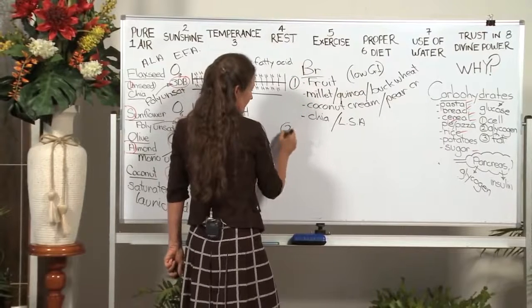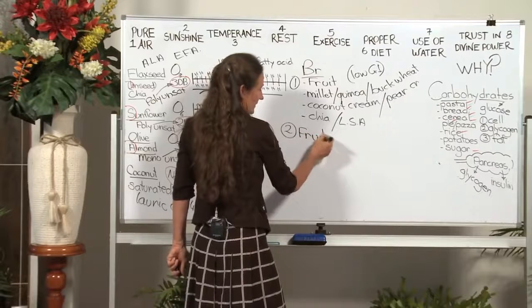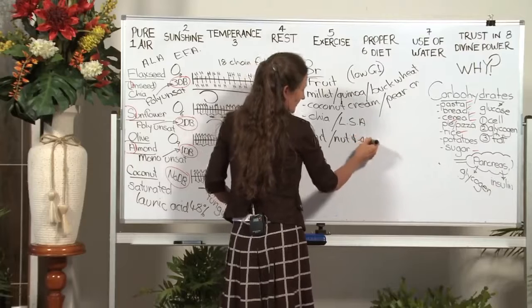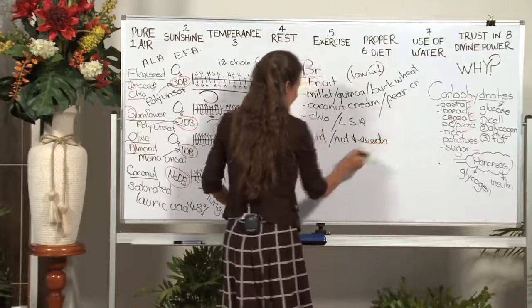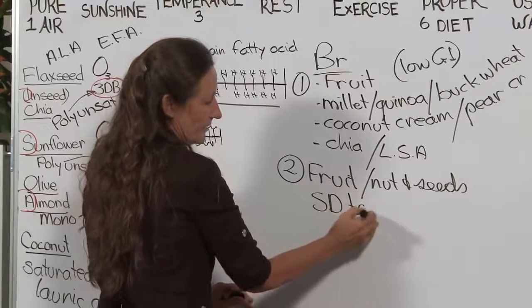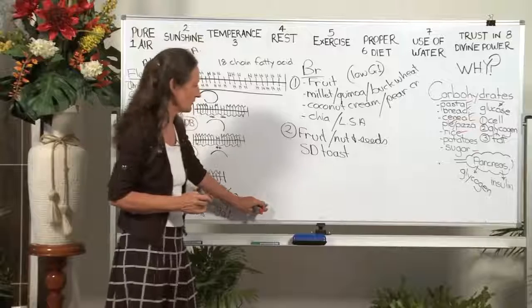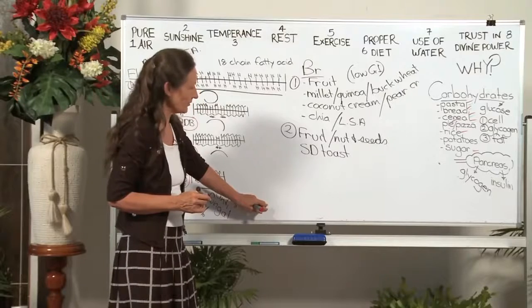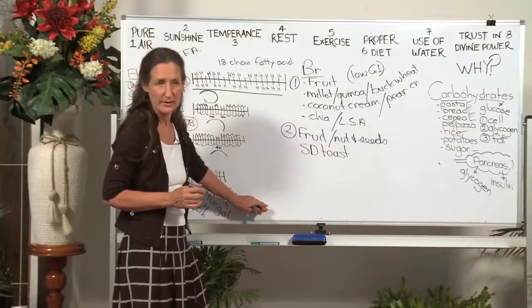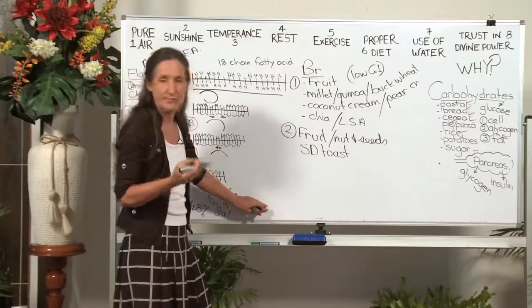Breakfast number 2, maybe some fruit, always a nice way to start the day, with some nuts and seeds. And then they might have some sourdough toast. If you're gluten-free, you might go to a millet toast. If you're not gluten-free, you might go to a spelt sourdough toast. You see, sourdough is just the way that the bread rises.